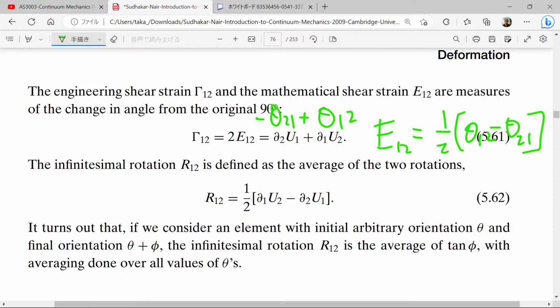So this is R12, the infinitesimal rotation, which is the average of two rotations, theta 1,2 plus theta 2,1.